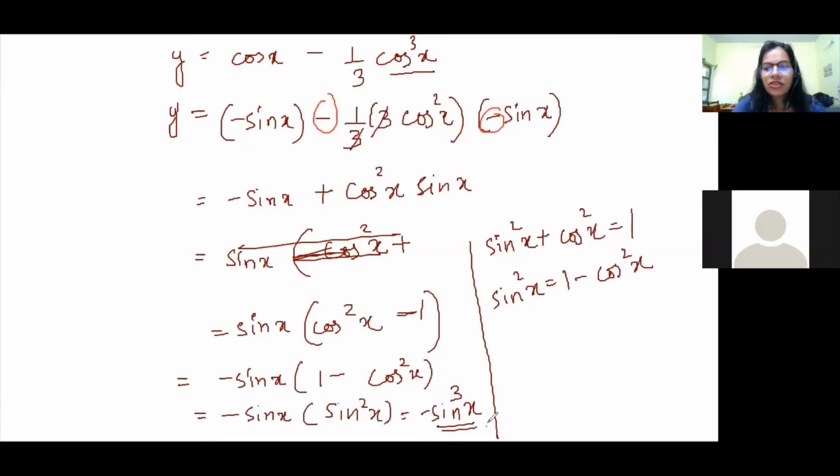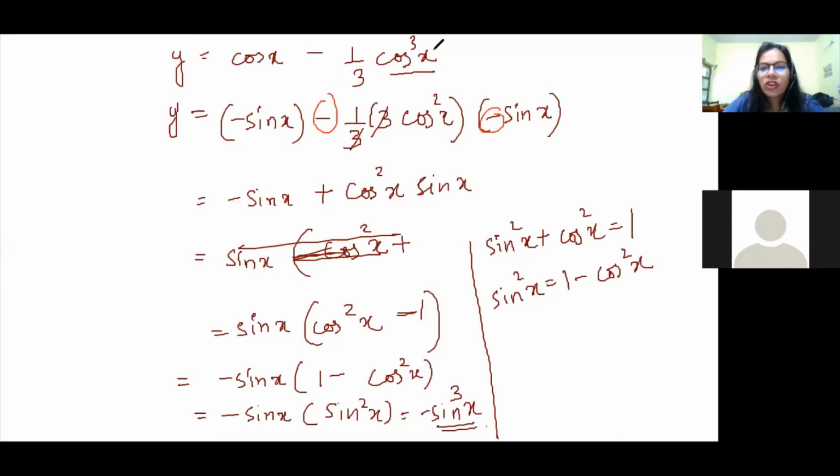Just go through it once and let me know if it is clear. I'll explain once again. What I've done here: cos x has become minus sin x, that is clear.